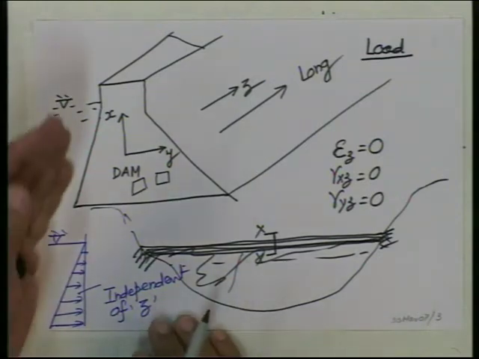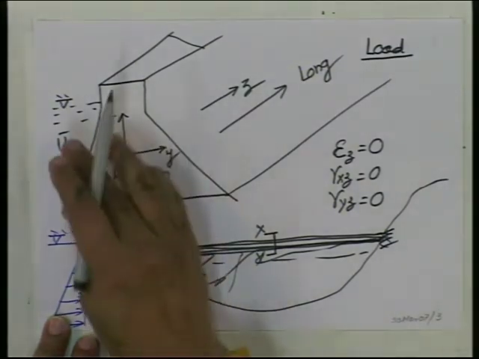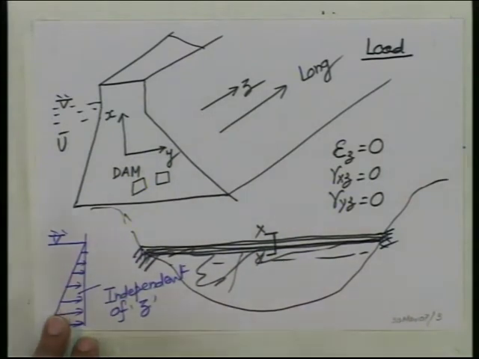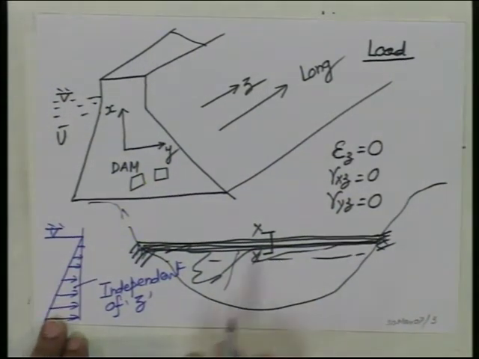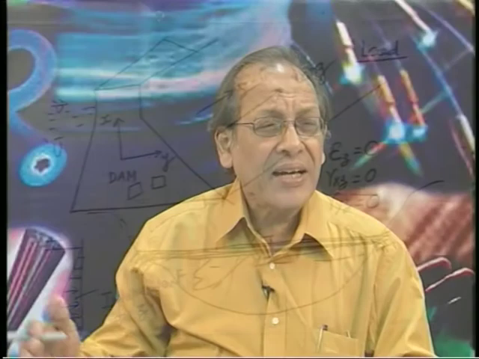And then the loading is such that it is independent of z. The water pressure that acts on this is the same throughout the length. The height of the water is more or less the same, of course with some undulation on the ground, but you are talking of an ideal situation. So, it is the same load that acts along the length.